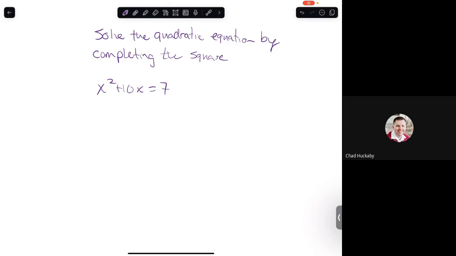So what can we do here? How do we complete the square?